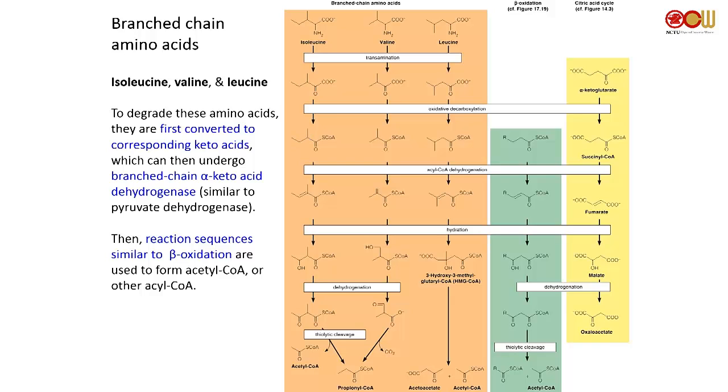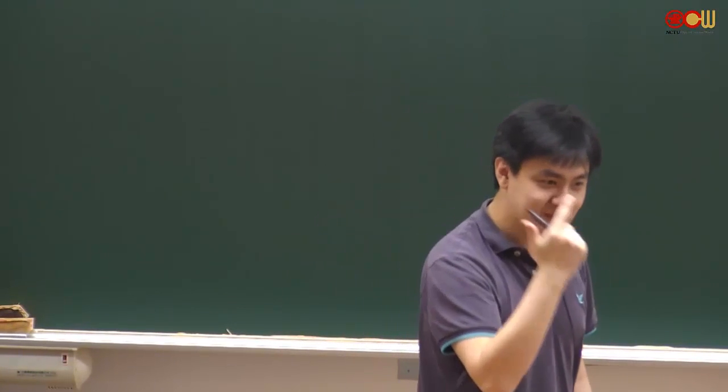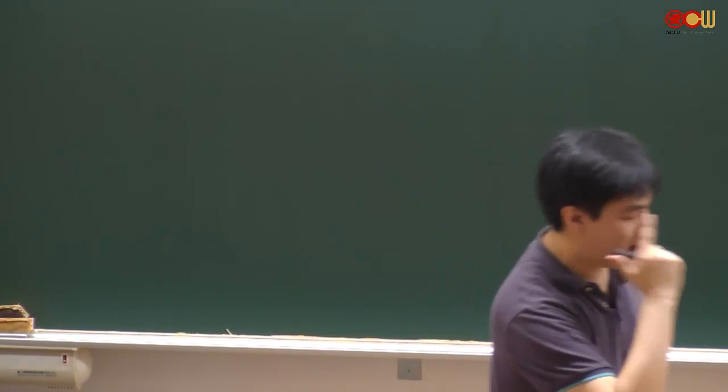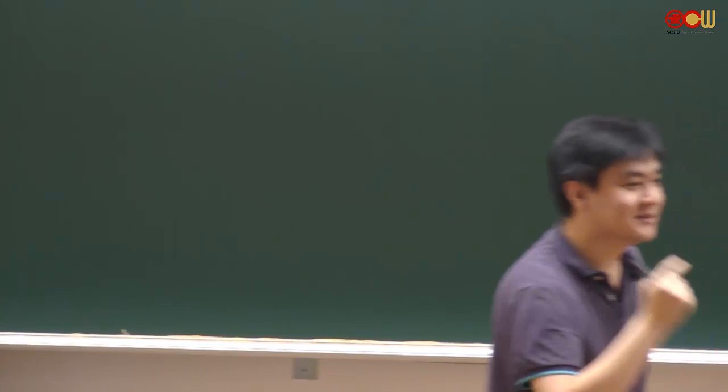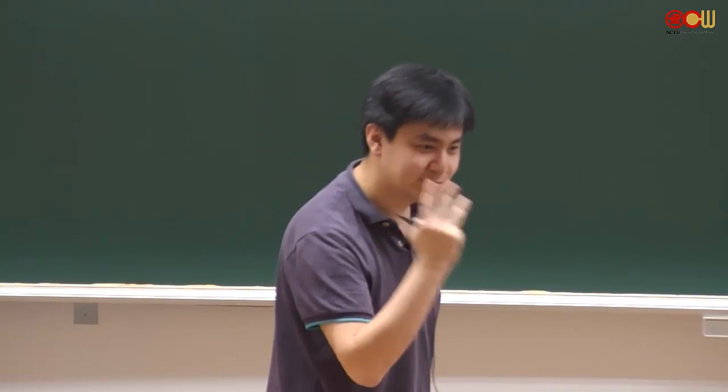So you do oxidation, hydration, dehydrogenation, cleavage. Three features for branched chain amino acids. Number one, transamination. Number two, alpha keto acid dehydrogenase. Number three, beta oxidation. That's it. Three processes.